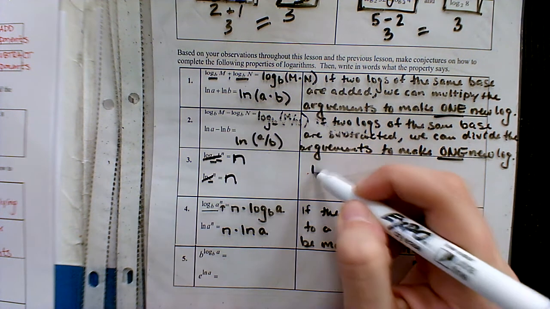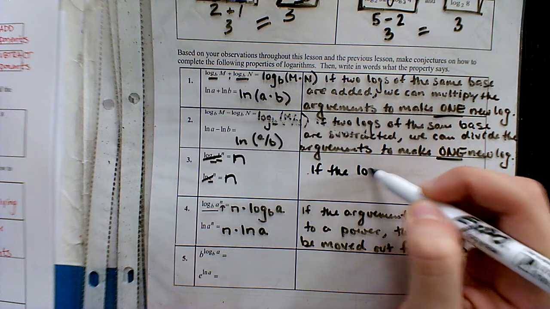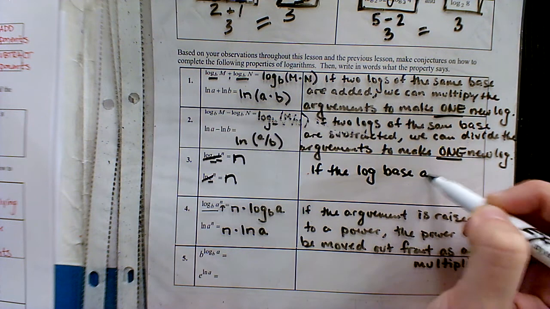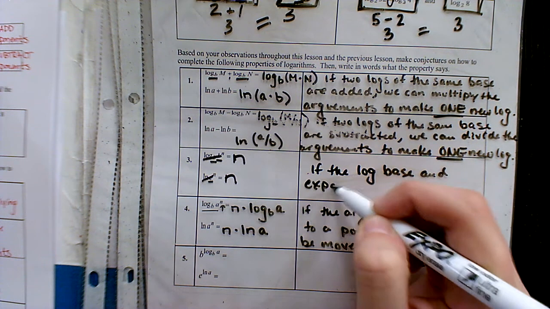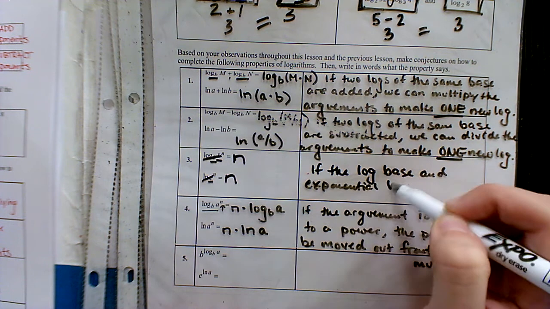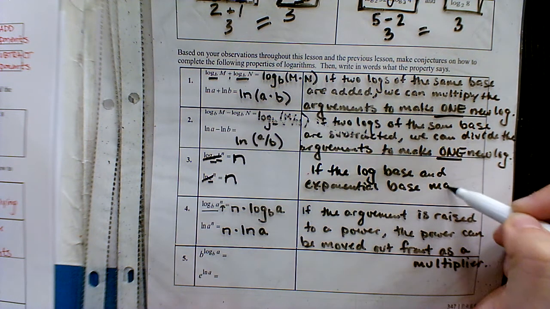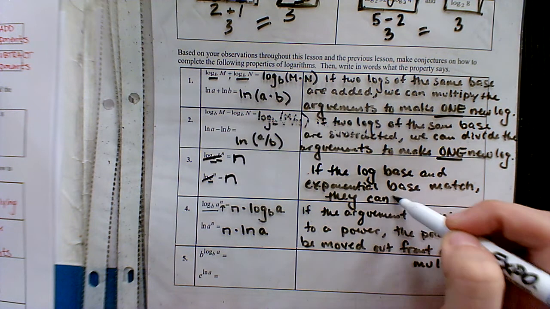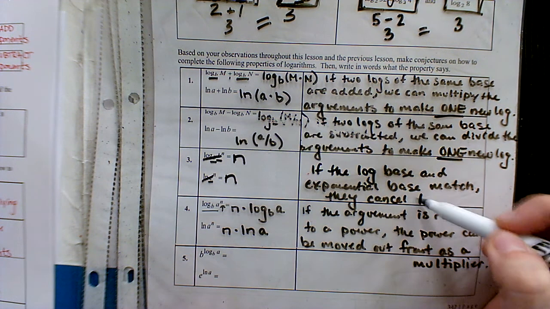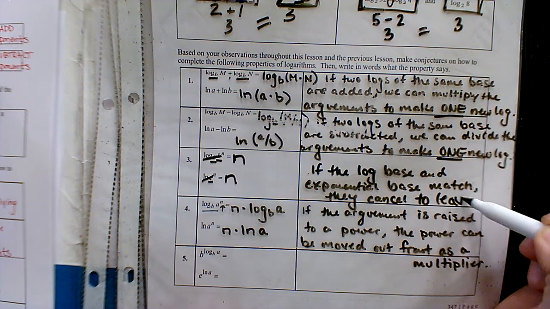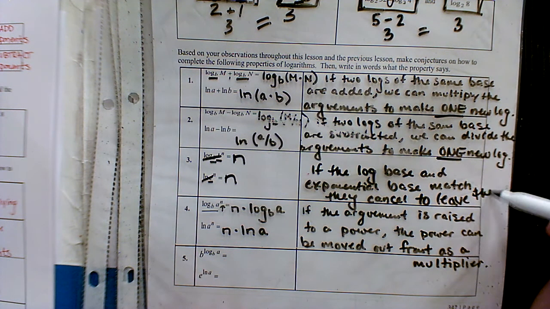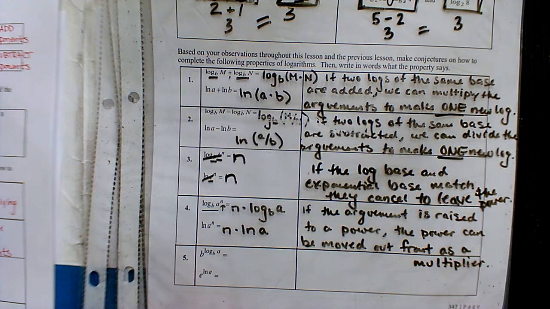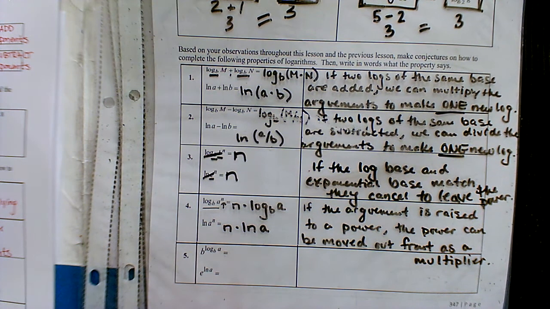So we'll say in words, if the log base and exponential base match, they cancel to leave, in this example, the power. Okay? If the log base and the exponential base match, they cancel so that you're left with just the power.